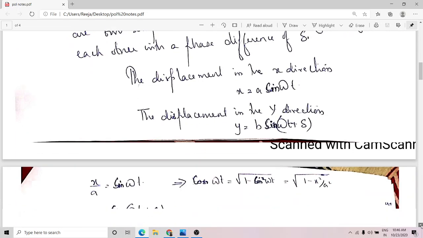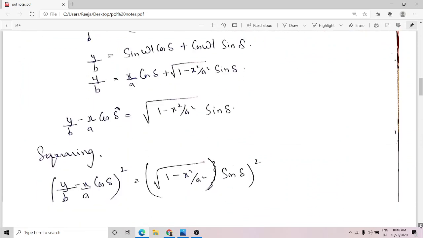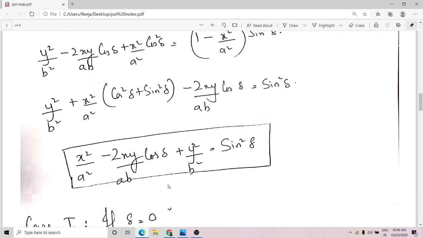Then I did some mathematical adjustments and finally got the equation x squared by a squared minus 2xy by ab cos delta plus y squared by b squared is equal to sin squared delta.